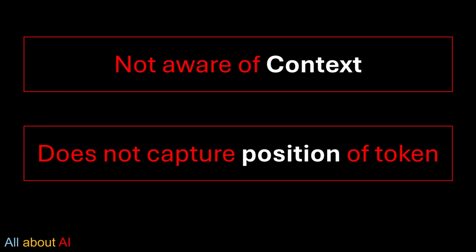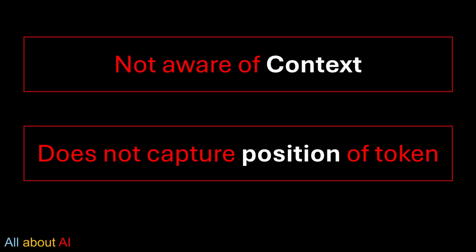The other important part is the position of the token. We'll see that a transformer is trained in parallel. All these LLM models, whether they use a transformer encoder or decoder or both, or some variation of these architectures, are trained in parallel.